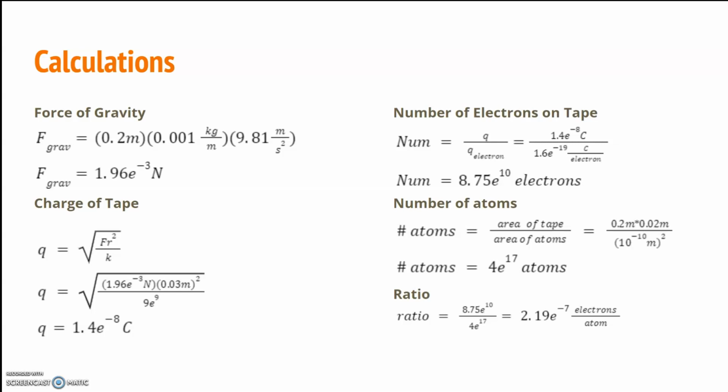And I got, as mentioned, 1.4 times 10 to the negative 8 coulombs. And then on the right-hand side of the screen, I calculated the number of electrons using that equation, the number of atoms, again, the equation given, and then I found the ratio of electrons per atom on the tape.